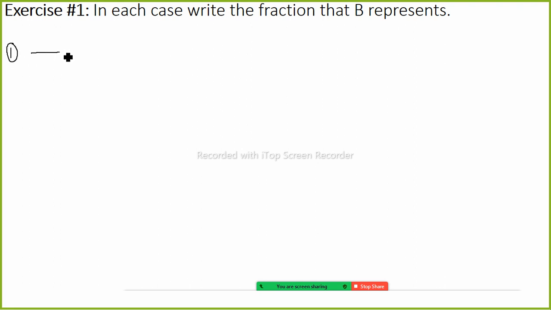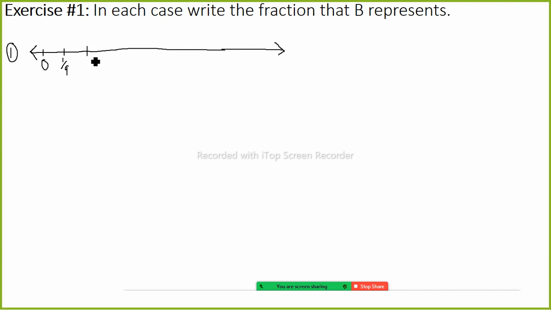If we have the number line, and this one is 0, this one is 1 over 9.